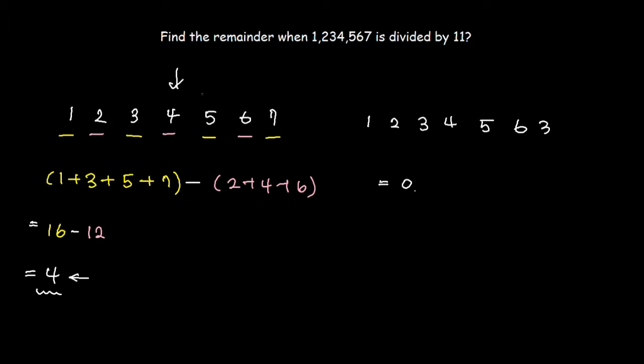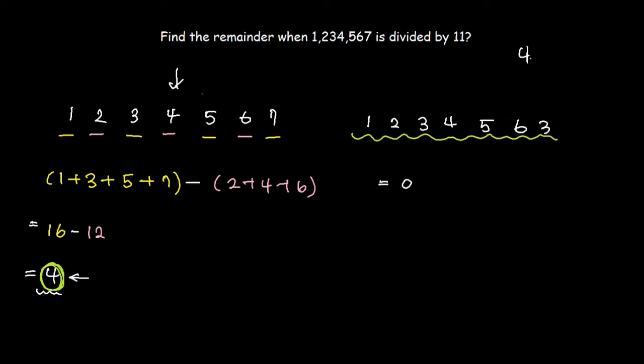So we just figured out that this number, which I will highlight with green, is actually divisible by 11. Since this number is 4 digits away from a number that is divisible by 11, we can automatically see that the number we're given is going to indicate the remainder, right? So the answer to this question is going to be 4.